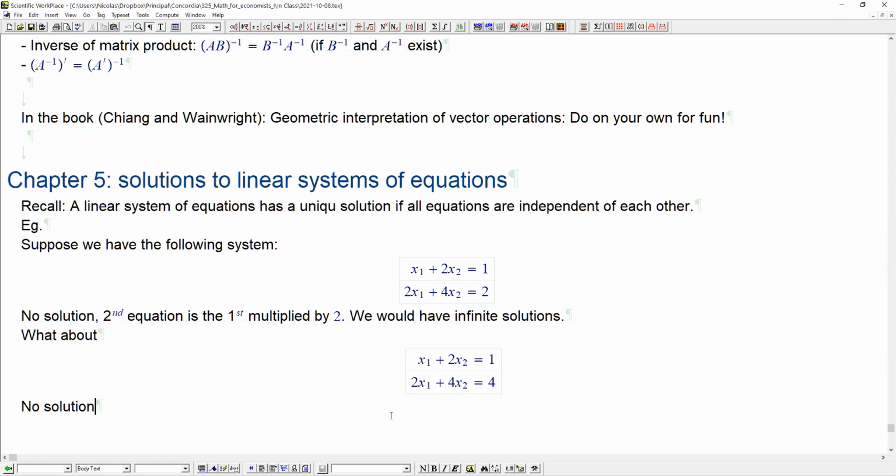So, okay, let me show you graphically what this means. Let's use the first one.